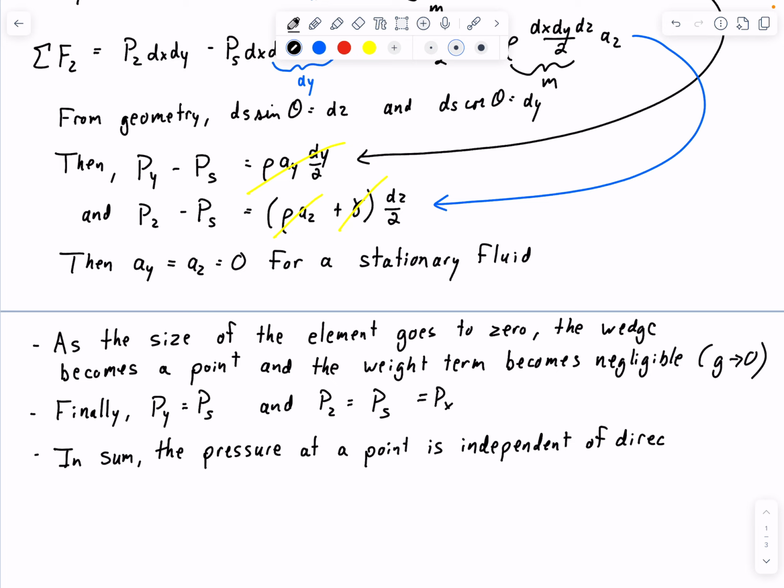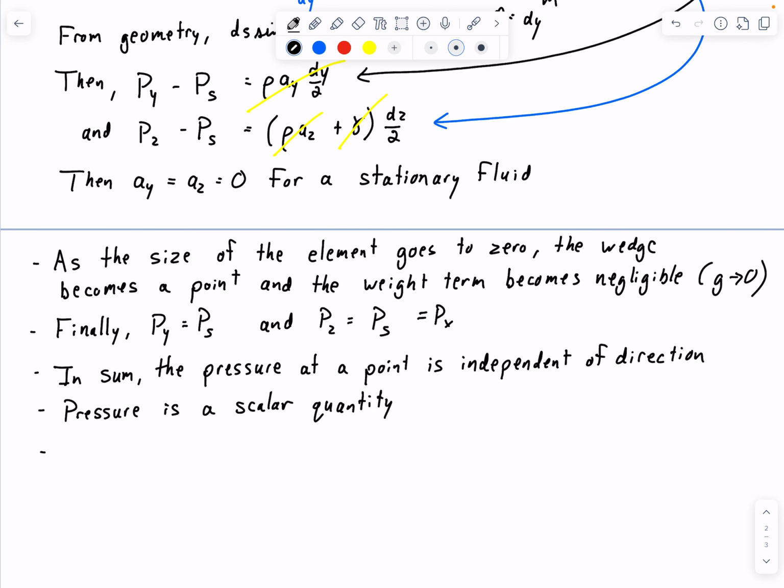So we could redo that derivation with different values of theta, but we would find the same result, that the pressure at a point is independent of direction, which means pressure is a scalar quantity. So pressure acts in all directions. So we treat that as a scalar quantity.